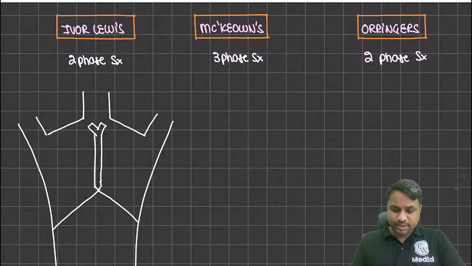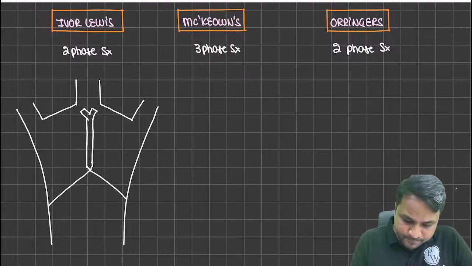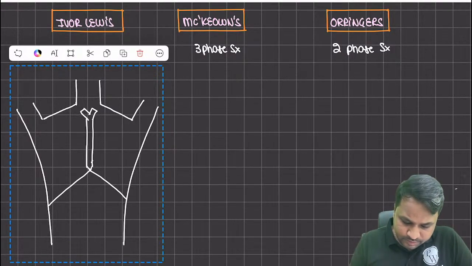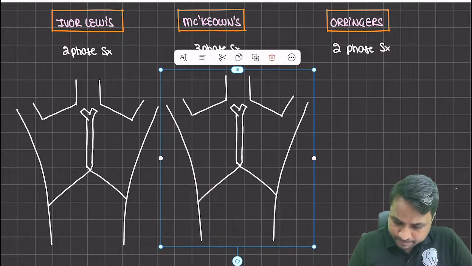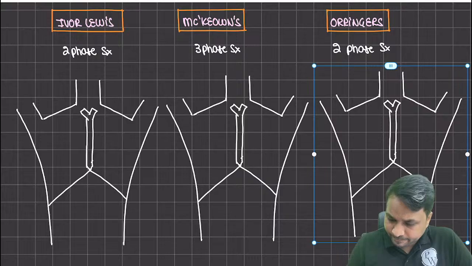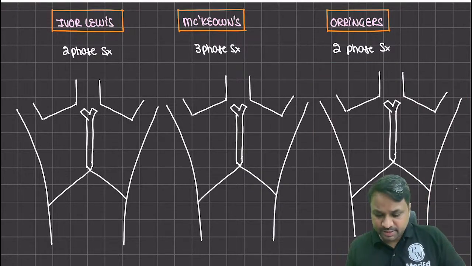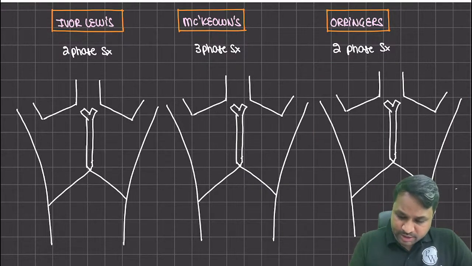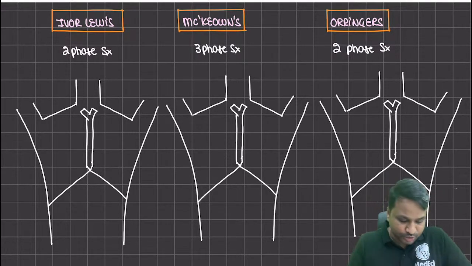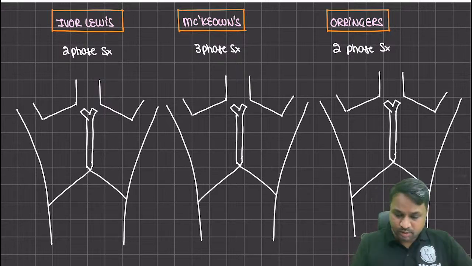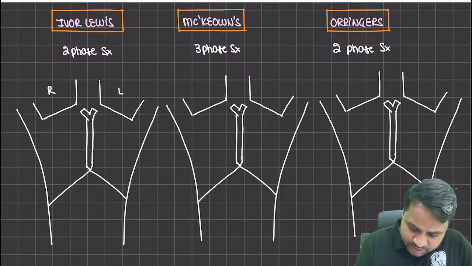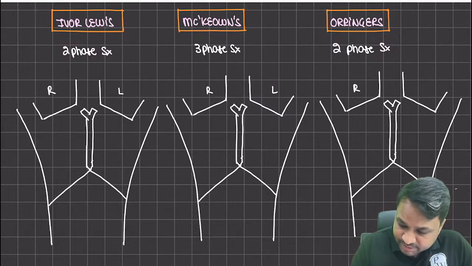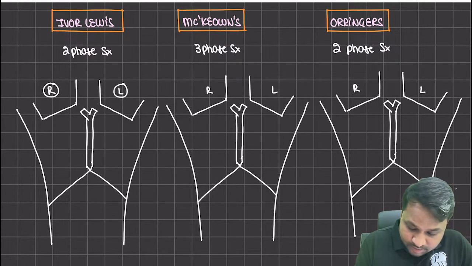This is the orientation that you're going to keep, and we'll use it for all three components. So when I say there are three phases, let's see all three. In Ivor-Lewis, there are two phases. That means I have to remove the esophagus, right? In order to remove the esophagus, where would you like to put the incision? Just for the sake of understanding, this is the right, this is the left.